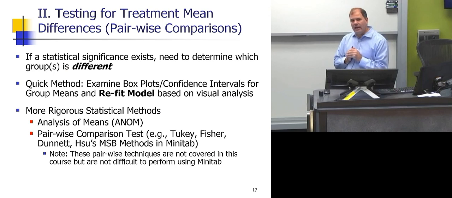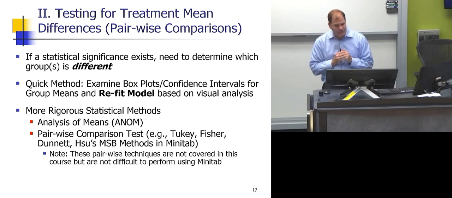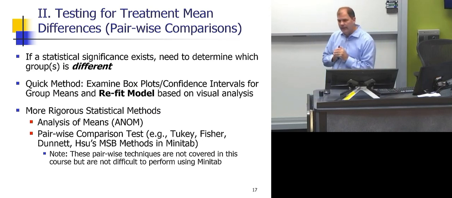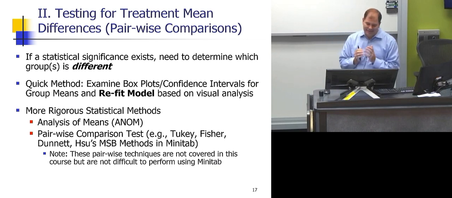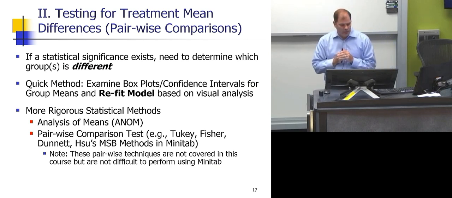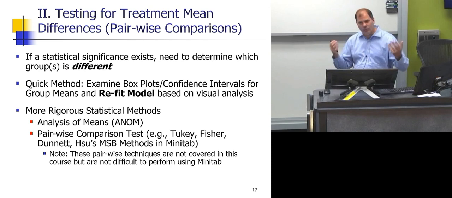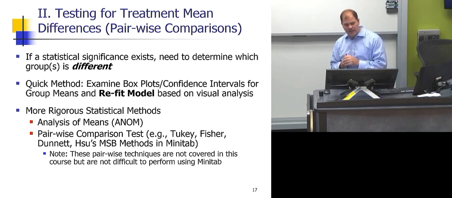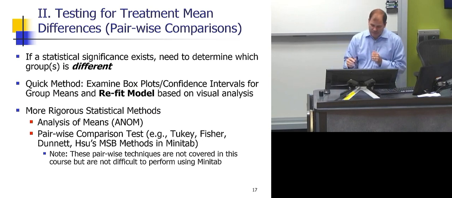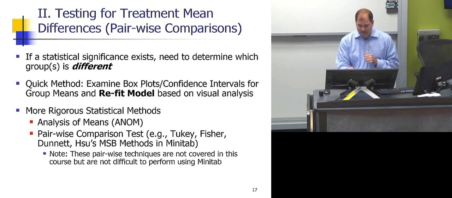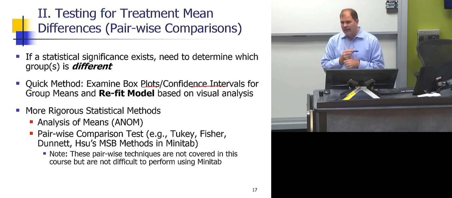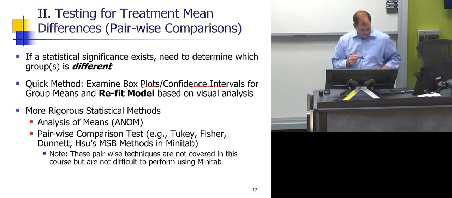Now, if a statistically significant difference does exist, we need to determine which group is different. There are quick ways and more fancy ways. Most of the time the quick way works. If I'm a little bit concerned, there are some more advanced ways. The quick way is as follows. You look visually at box plots and confidence intervals, and then you refit.